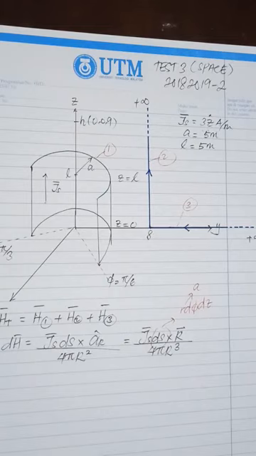Alright, as normal practice, we need to take a current element on the surface current structure.